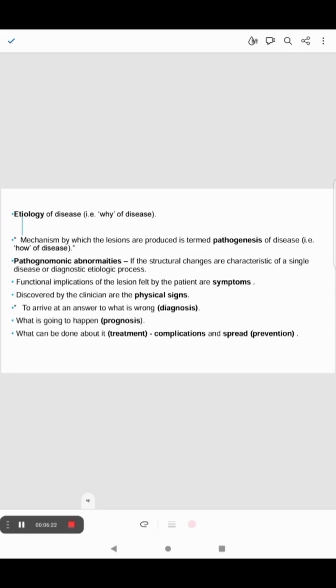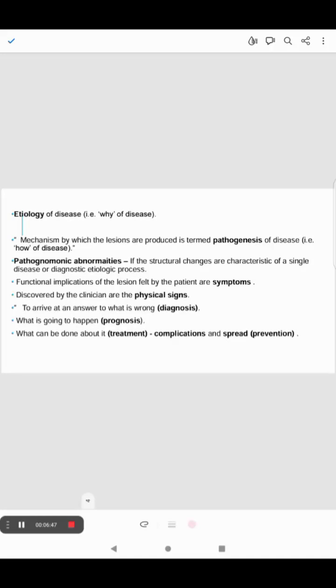Symptom means what the patient complains of. For example, he is complaining of pain, that is a symptom. He is complaining of fever, that is a symptom. A group of symptoms together forming multiple abnormalities is called a syndrome. When fever is there, pain is there, everything groups together to form a syndrome.